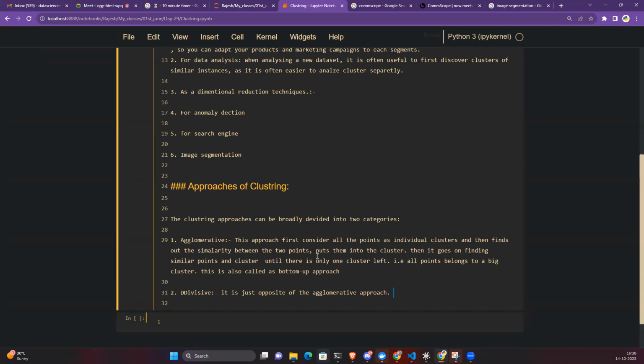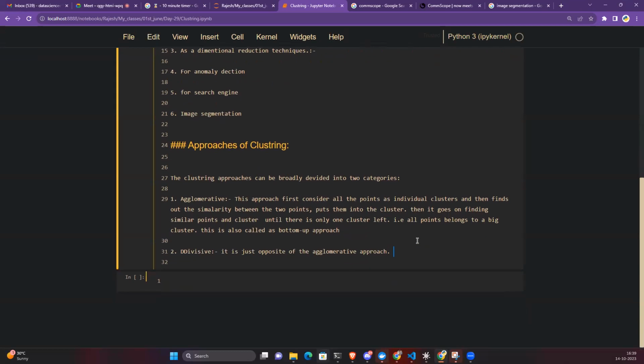It first considers all the points to be part of, I'm not writing everything, I'm just telling you, at the very first stage all the data points belong to a single big cluster, and then with whatever similar things there are, we create separate clusters. This is called divisive clustering, and this approach is called the top-down approach.